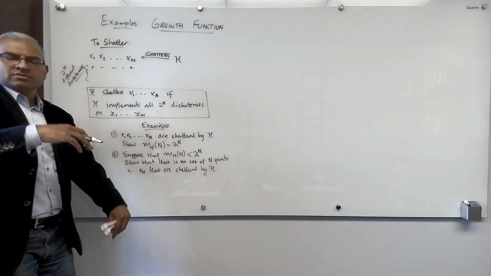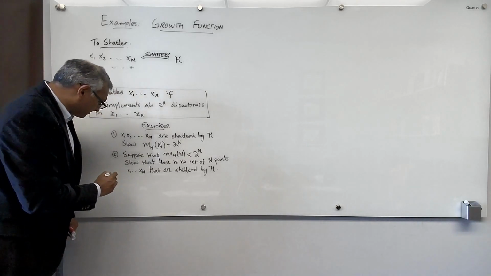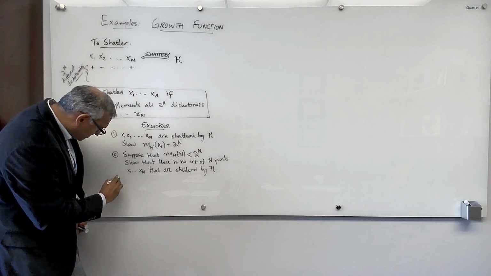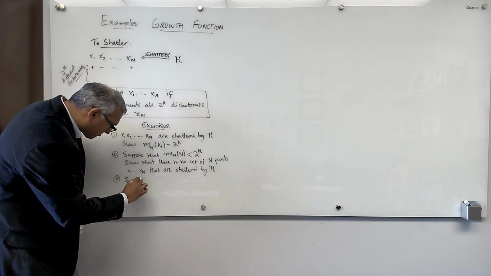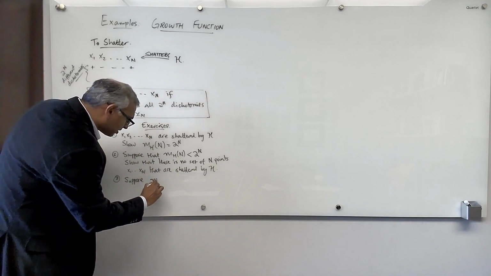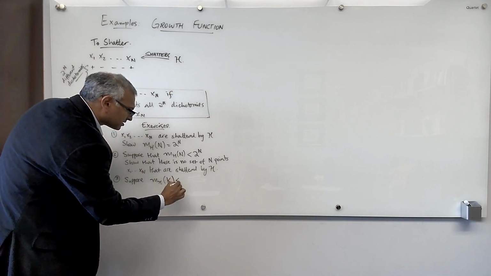Okay. Now, third exercise, a little bit less trivial, but still you should be able to do it no problem. So, 3. Suppose m sub h of k is less than 2 to the k.